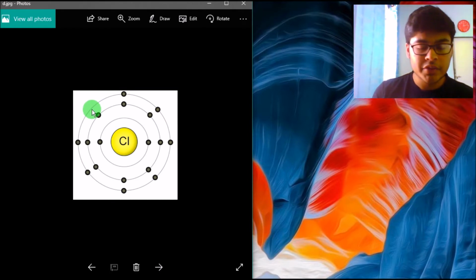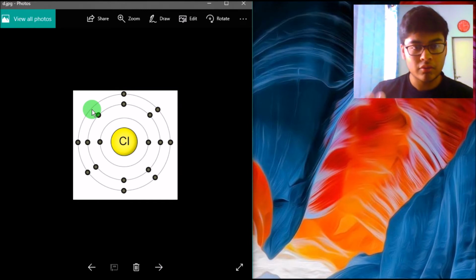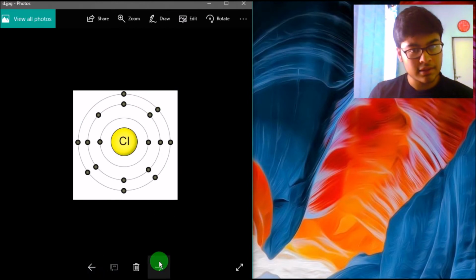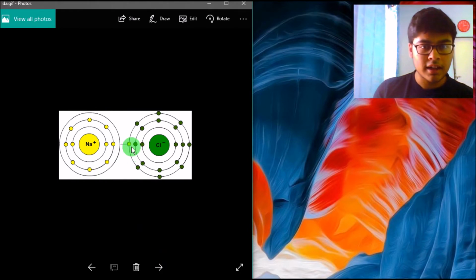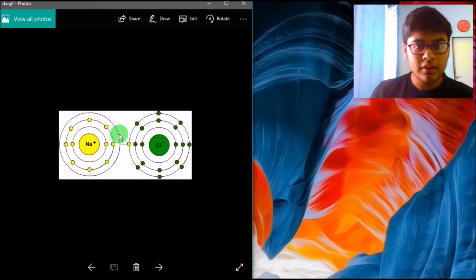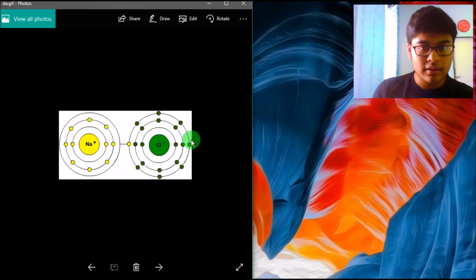It's like a vacancy. So chlorine will try to get 1 electron from somewhere. As we saw, sodium has 1 extra and chlorine has 1 less, so they combine and sodium gives 1 of its electrons to chlorine. You can see chlorine gets an octet like argon, and sodium gets an octet like neon. So they both can exist properly.